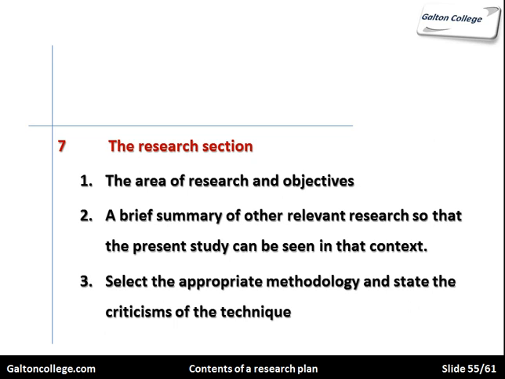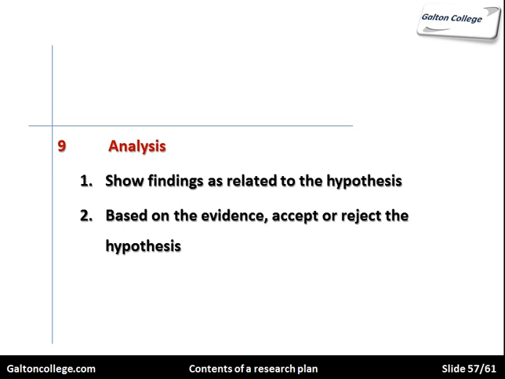So it's the research section, and then we have the analysis, which comes from both the literature review and the empirical section, the research section. The analysis comes from the literature review because that's where we identify the hypothesis.